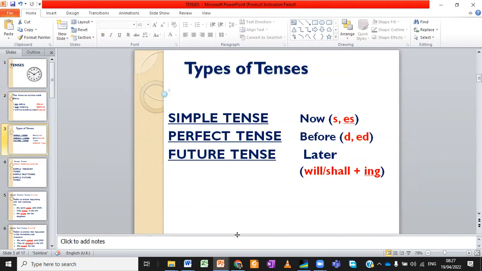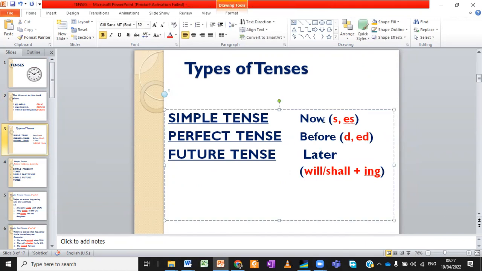There are three types of tenses, broadly anyway. We have the simple tense, which tells you about actions happening right now, and you will know this because their verbs usually carry S or ES when you are talking about singular subjects.